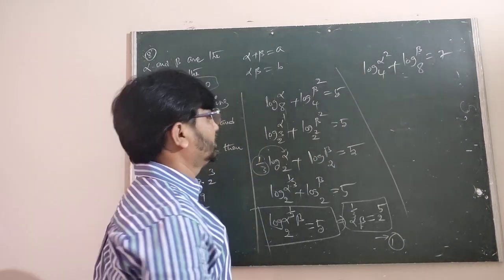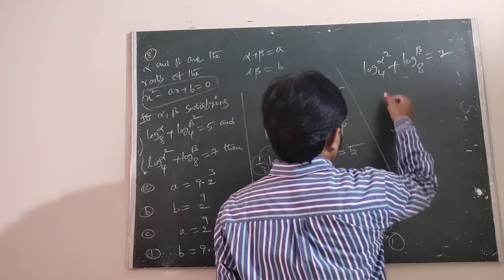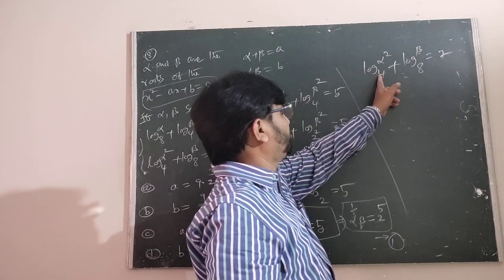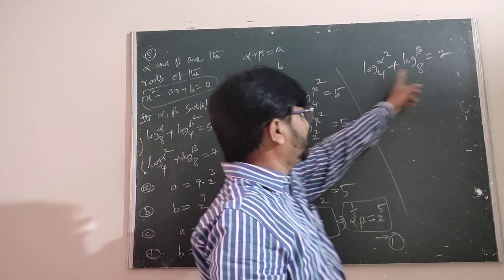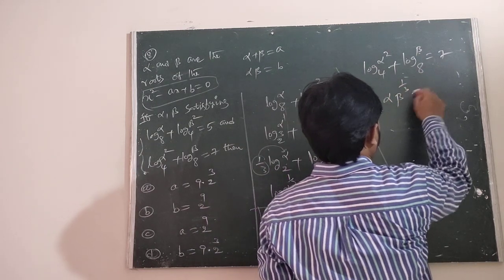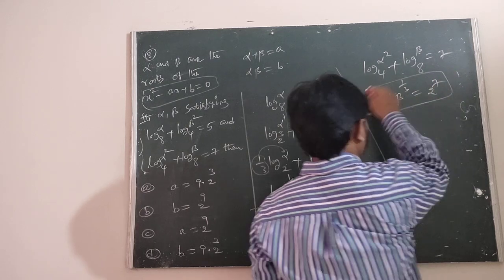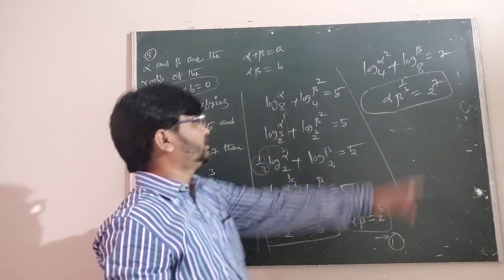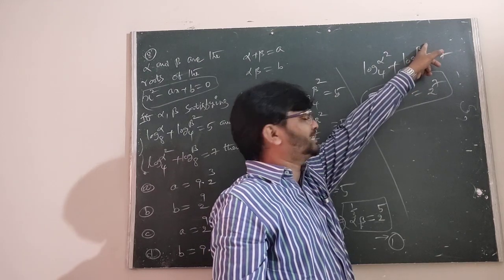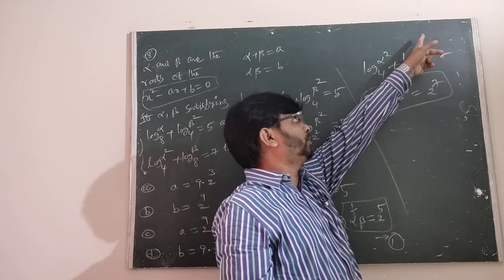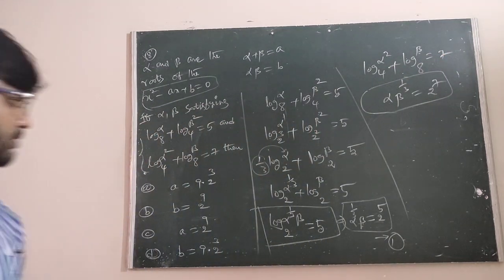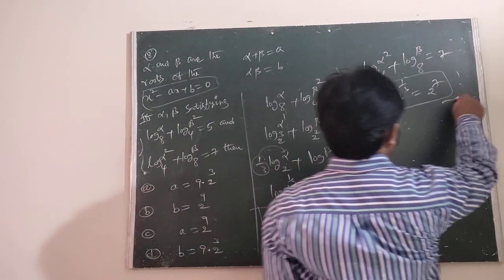Similarly, we follow the same process. 4 can be written as 2 square, and 2 by 2 is 1. Then we get alpha into beta power 1 by 3 is 2 power 7. Similarly, 8 is 2 cube, so it is beta power 1 by 3, and sending it to the index, alpha into beta power 1 by 3 base 2, sending to the other side, is 2 power 7. This is equation 2.